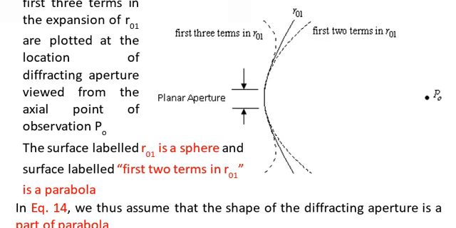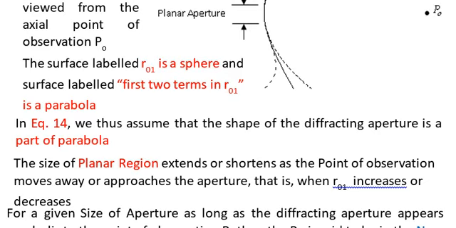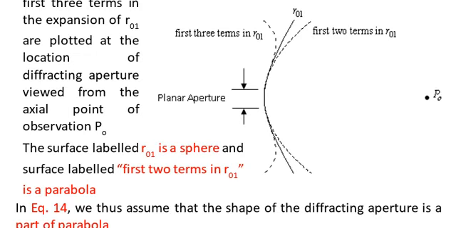The first 2 terms in that figure is actually a parabola, and the third term, which we have ignored, we have also shown in the figure. In equation number 14, we thus assume that the shape of the diffracting aperture is a part of a parabola. Since we have used only the first 2 terms in the expansion, when we are talking about the Fresnel diffraction formula, which region are we talking about?